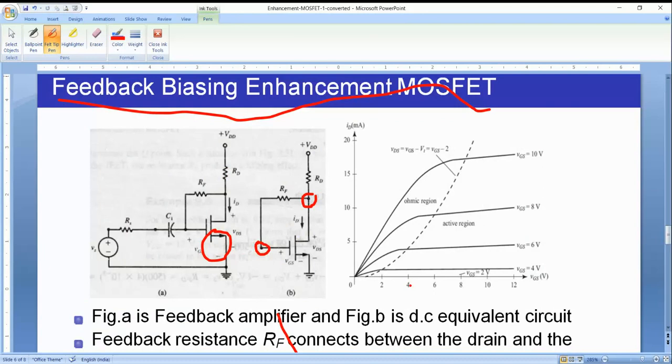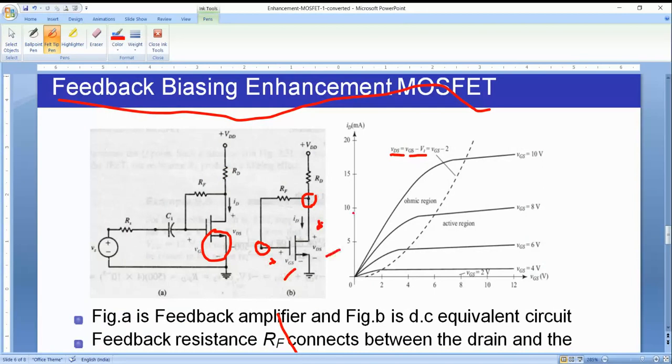When you are doing biasing, we have to make sure that the enhancement MOSFET is operating in the active region. What are the conditions for the enhancement MOSFET operating in the active region? VGS should be greater than VT and VDS should be greater than VGS minus VT. Now, if you apply KVL to this enhancement MOSFET, VGS is equal to VDS.